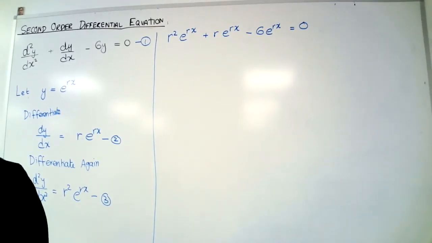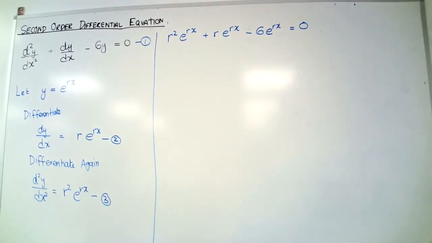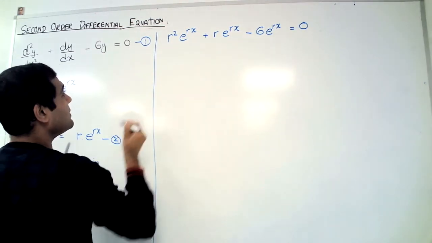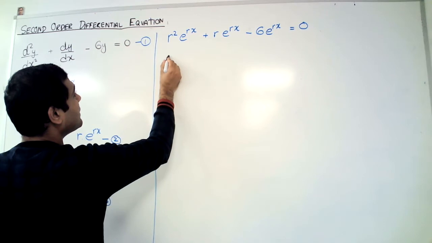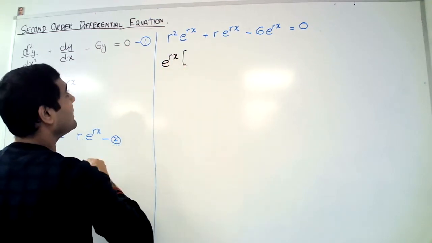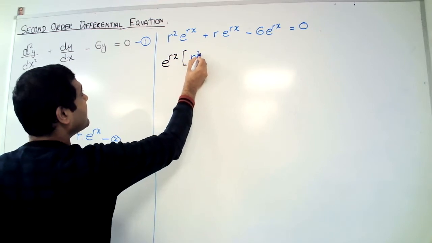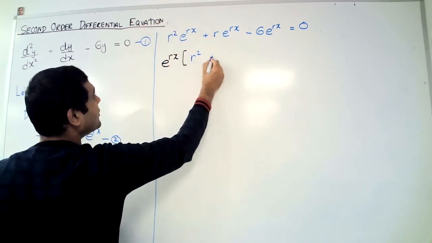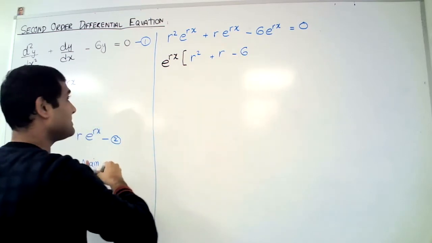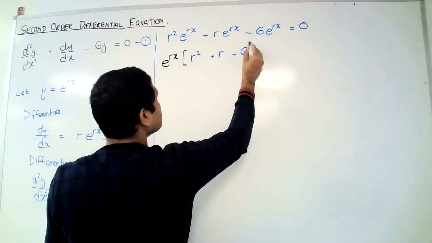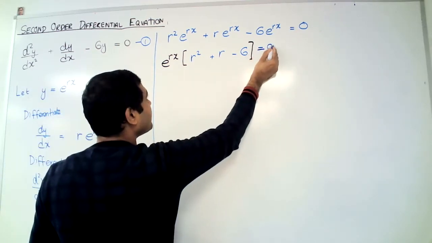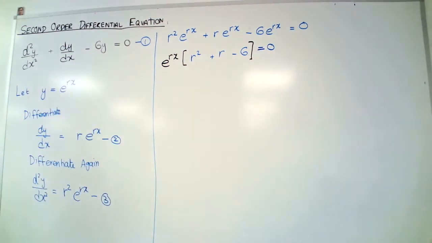So I got that equation. If I take e to the rx common, I'm left with r square plus r minus 6 equals 0.